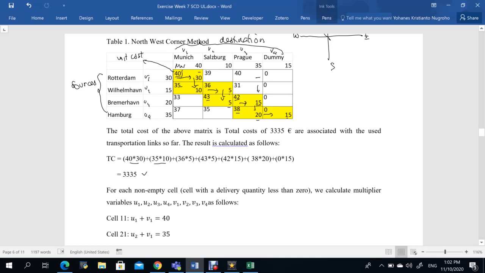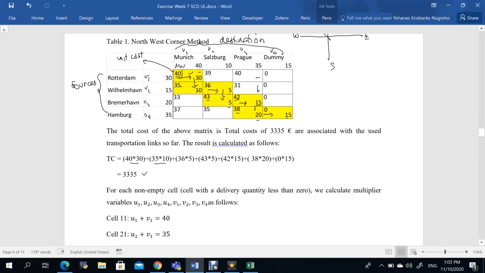So for each non-empty cell in this northwest corner method table, we have the following. For instance, cell 1,1, meaning that U1 plus phi 1 equals 40. The total transportation cost from Rotterdam to Munich is equal to 40. That is the first feasible solution by using northwest corner method, right?